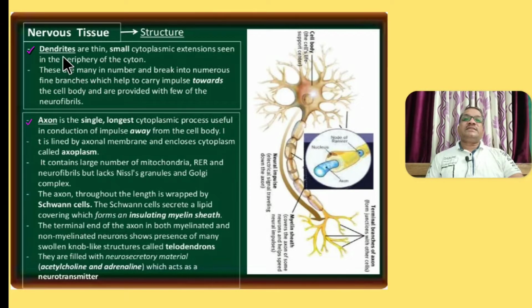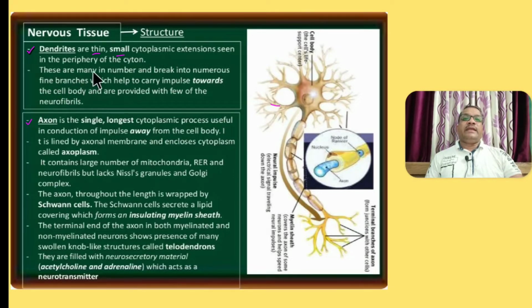If you see the structure of these dendrites, basically they are thin and small, and this cytoplasmic extension is seen at the periphery of the cyton. So, at the middle the cyton or cell body is present, and these move towards the periphery of this cyton.